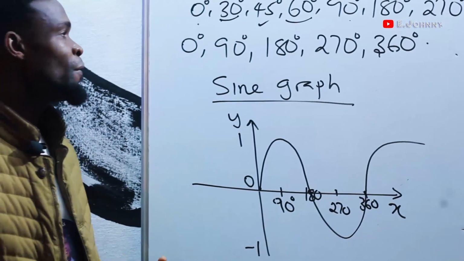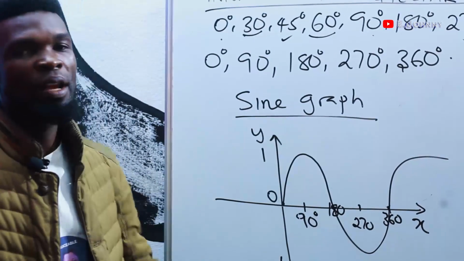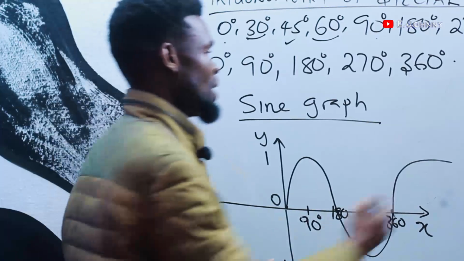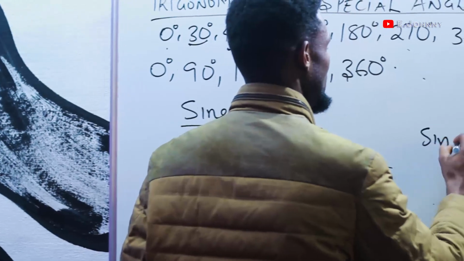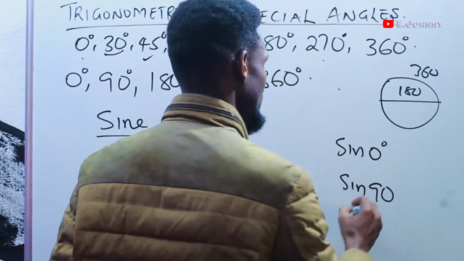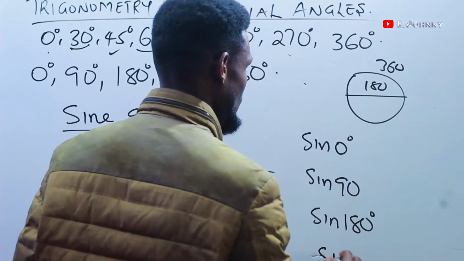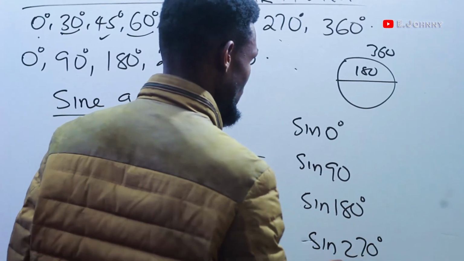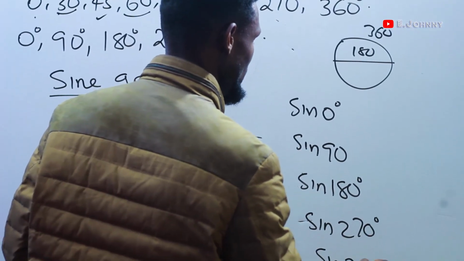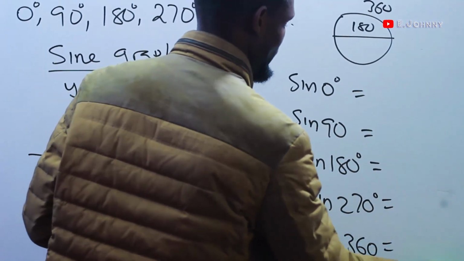So if I'm looking for sine 0, 90, 180, 270, 360, this is all I need. So I can now find sine 0 degrees, sine 90 degrees, sine 180 degrees, sine 270 degrees, and sine 360 degrees. Very, very easy.